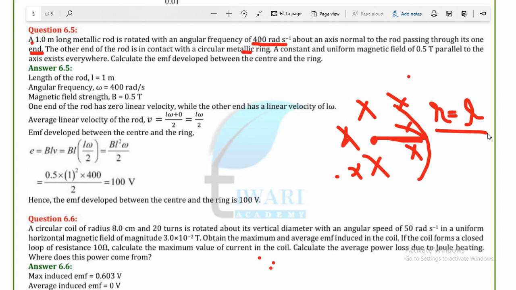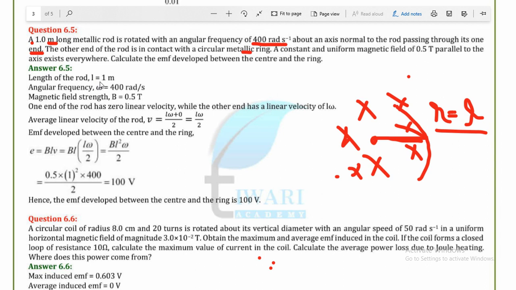So student, if you want to solve this question, note down first the given quantities in the question. So let's see what are given here. You can see the length of the rod is given, that is 1 meter. Then the angular frequency, that is omega, is given, that is 400 radian per second. You can note it down.